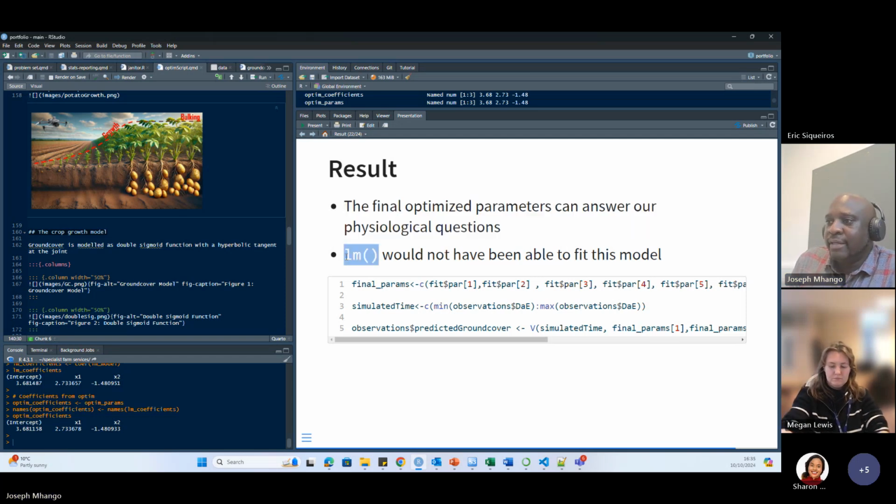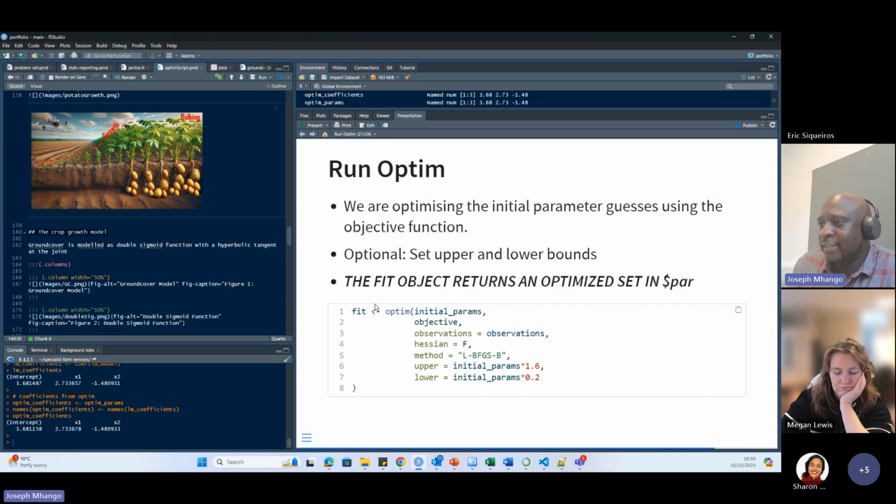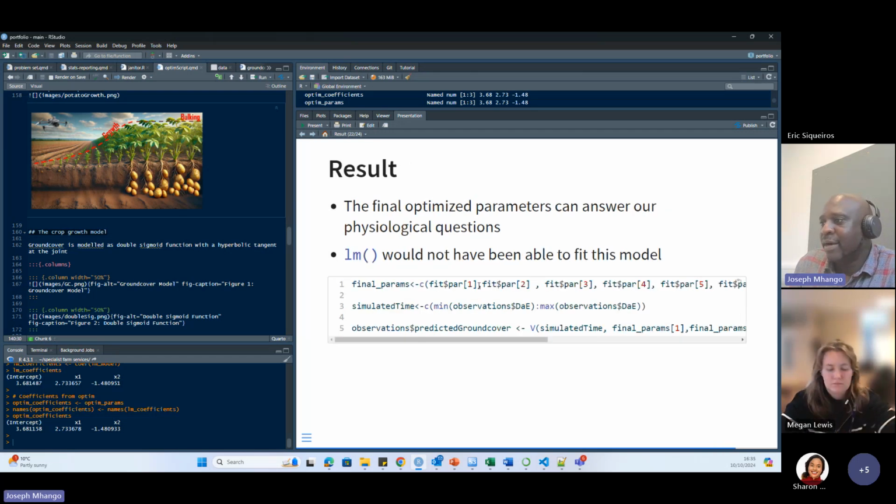And as I've just explained, I wouldn't have been able to fit that with a linear model. I wouldn't even have been able to start. But this fit object that I've just created from Optim has all these parameters that I'm taking out. And these parameters are the optimal parameters of the function that I'm trying to fit.